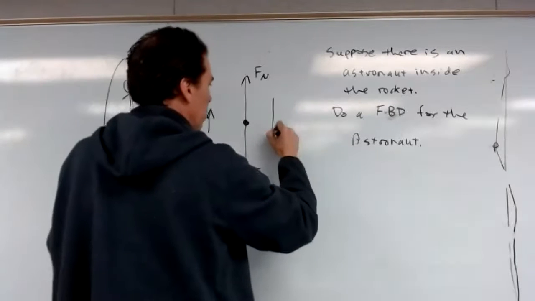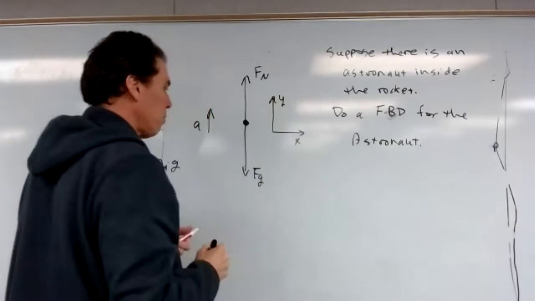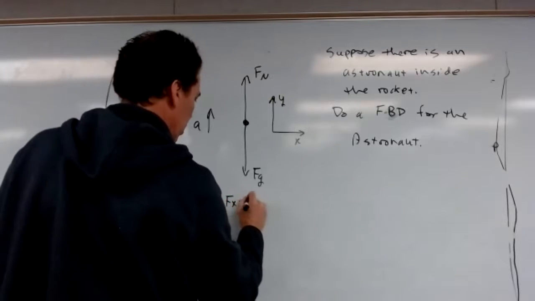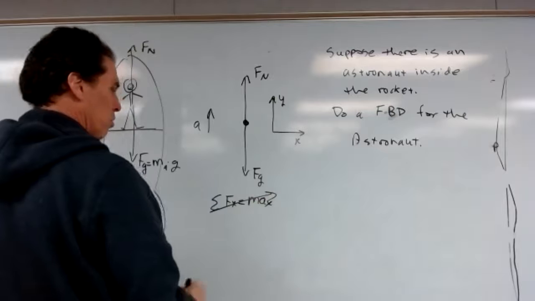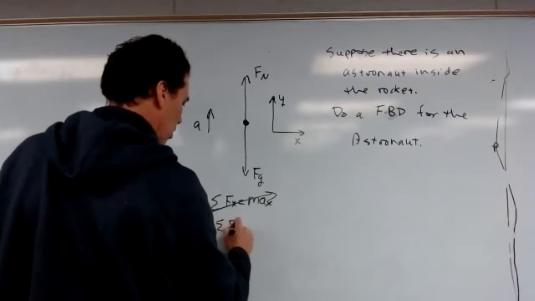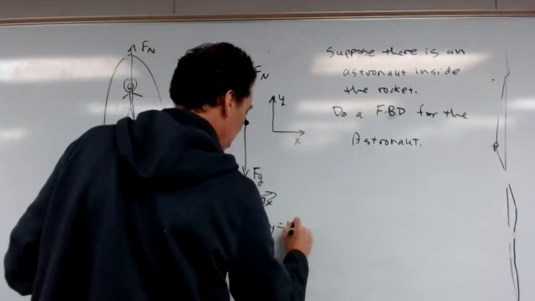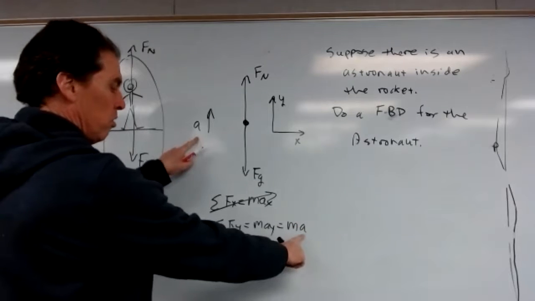And so once again, I can pick a very similar coordinate system for this one. And then I can say the sum of the forces in the x direction equals ma sub x, and I don't have any of those, so I can just toss that out. And I can say the sum of the forces in the y direction equals ma sub y, and that's just mass times the acceleration, right? The y direction acceleration is just a.